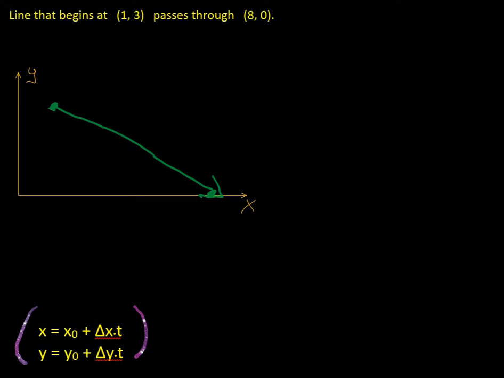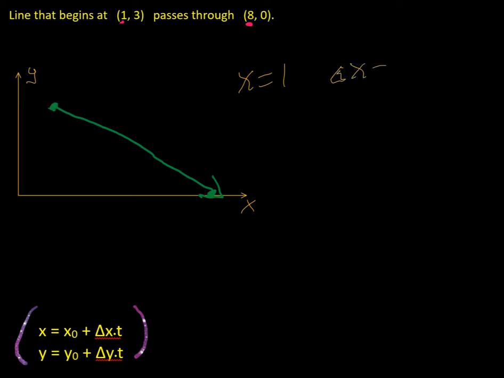So what is going on with x? Well, x begins its little journey at 1, and looking at the coordinates, it starts at 1 but goes towards 8. That's 7 units, so that would be literally the change in x.